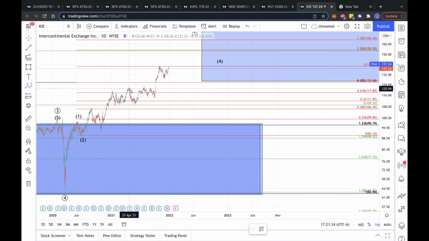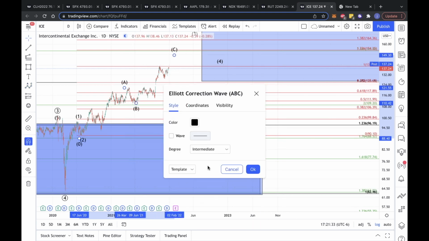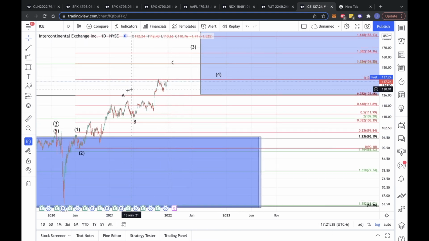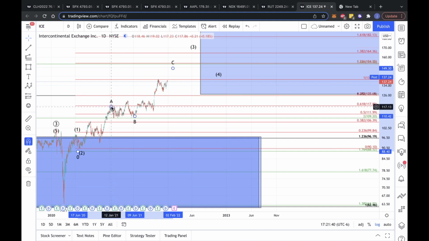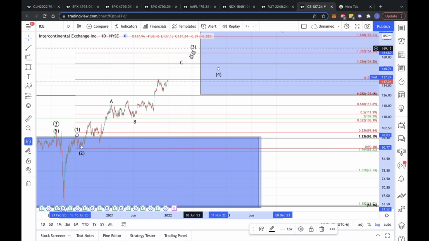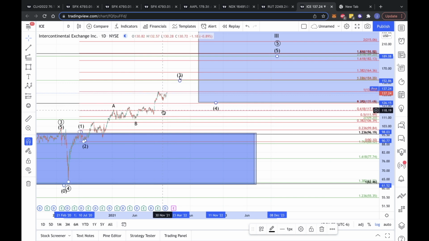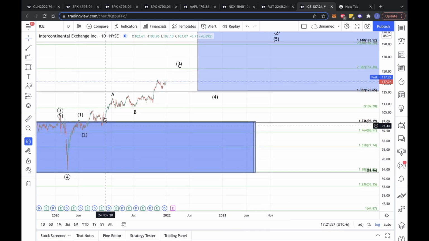Possible we could count that as 5 up and now starting a bigger third, but also possible that we have an A there and a B and are working on a C up. Seems to work reasonably well.